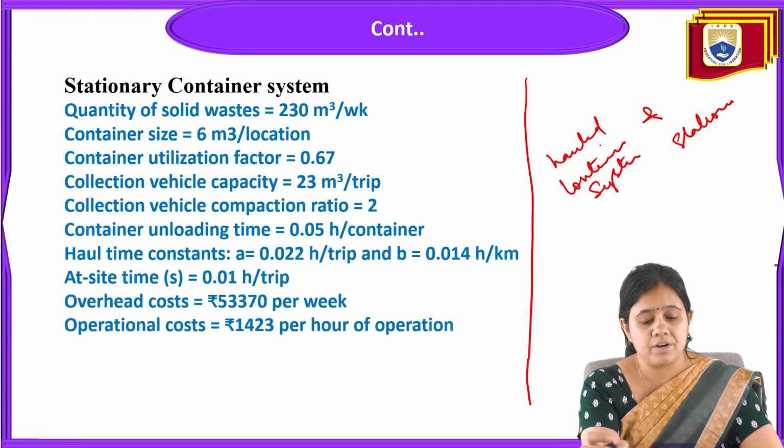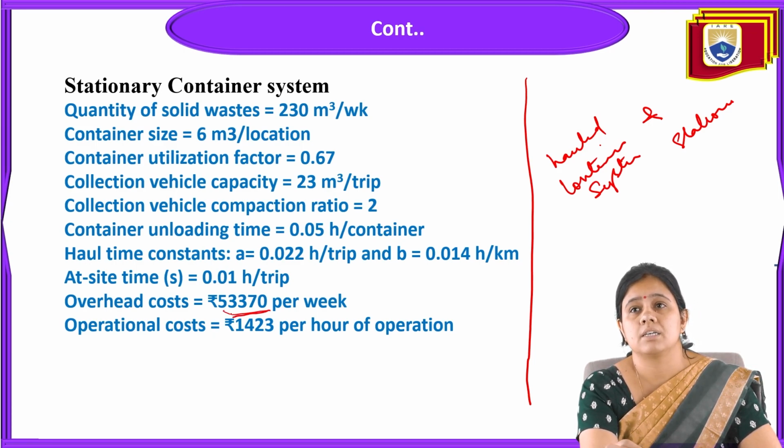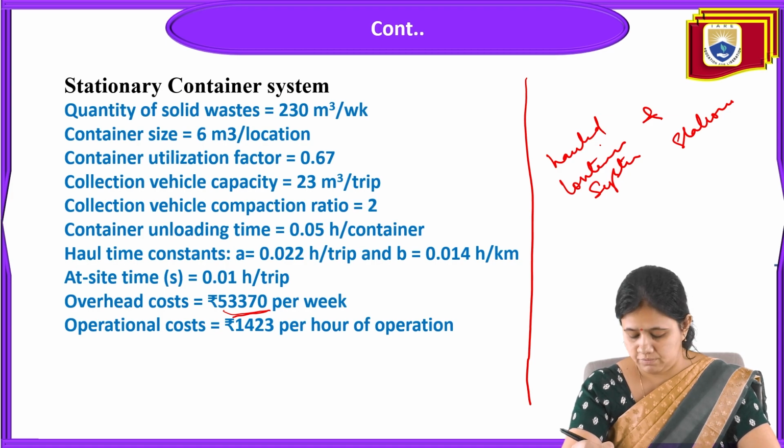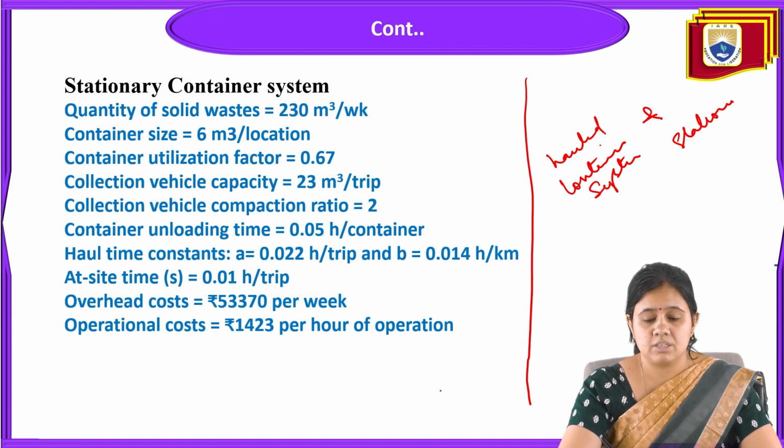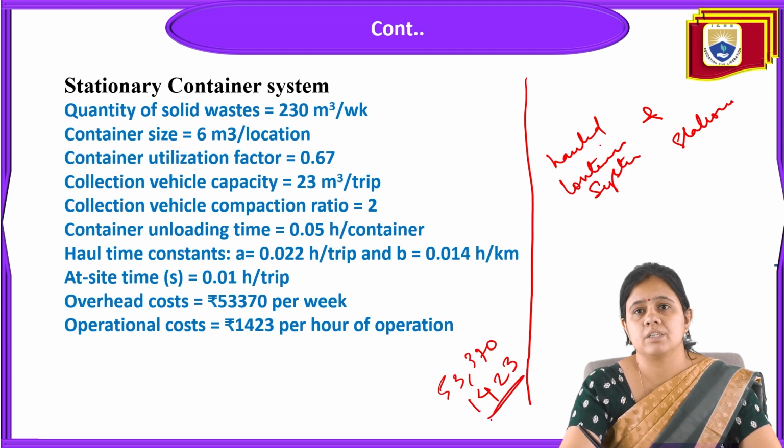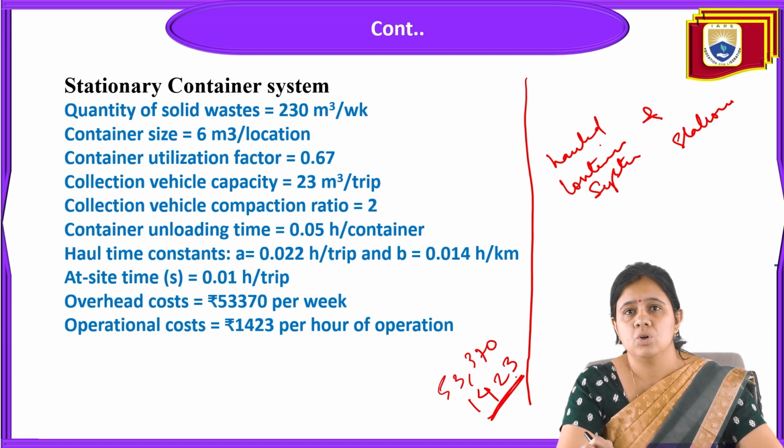Contrary to it, the cost is more for this stationary collection system: 53,000 rupees per week and 1,423 per hour of operation. So all values are the same, but the cost is more in the stationary container system.